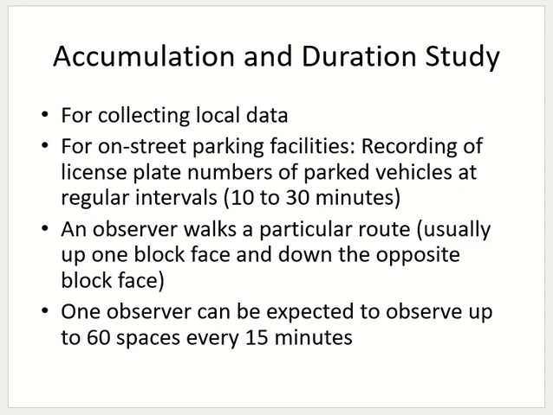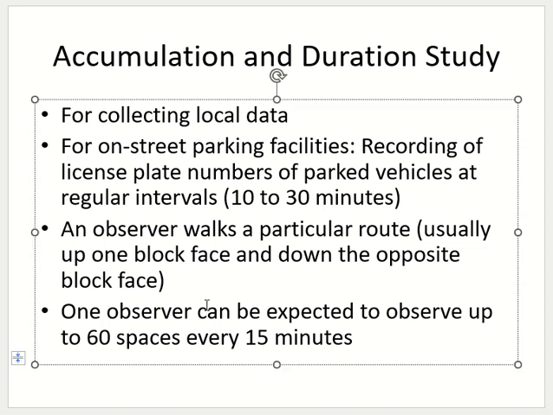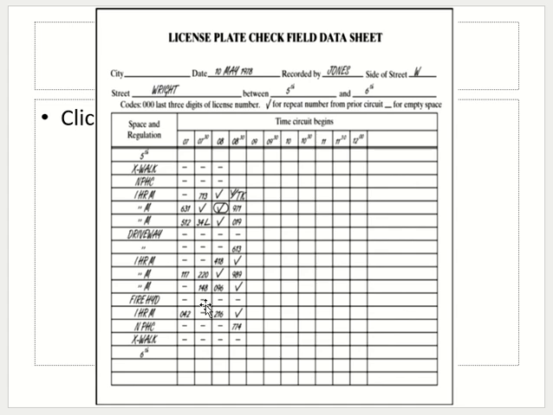If you give more than 30 minutes, then there's a chance that some vehicles may come and go, and they are not recorded at all. More than a 30-minute period may have vehicles which have just come and gone from the area within the interval, so the observer did not see them at all. It is a reasonable expectation that if you are giving a block which has 60 spaces, an interval of 15 minutes should be enough for that observer.